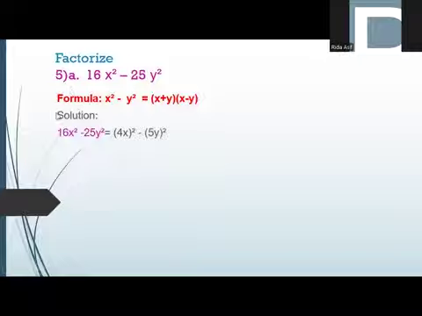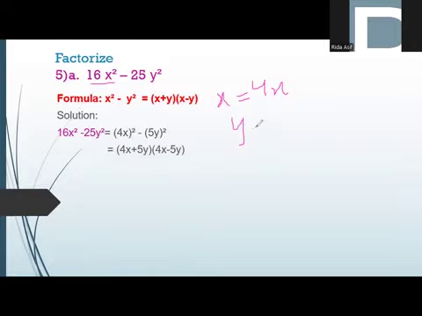Now, by comparing, students, we have already compared our question. We have already compared that 16x square is the square of 4x. So our x is 4x and our y is 5y only.